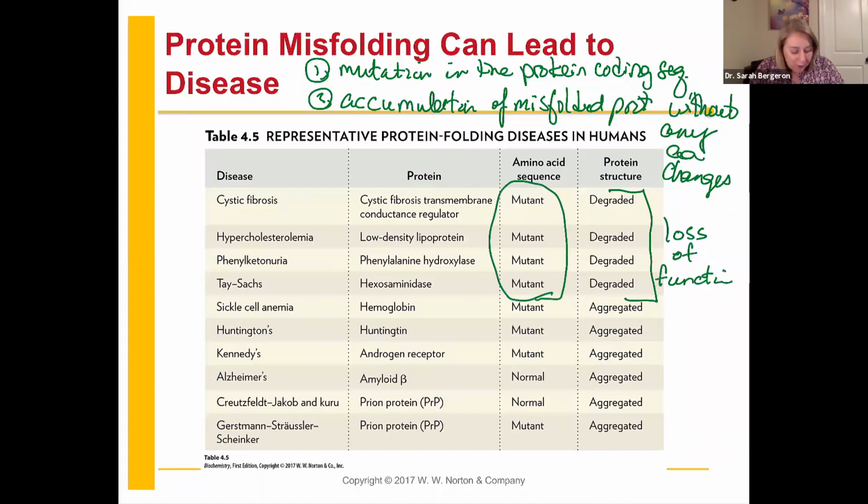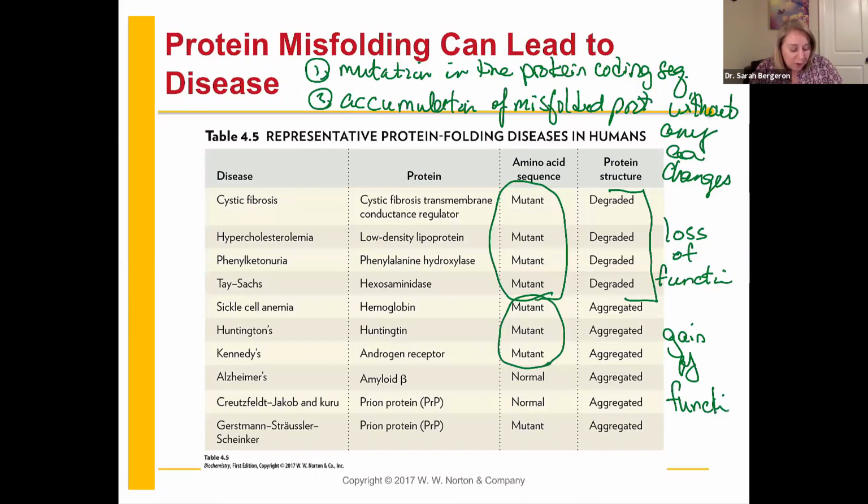You could have a situation where you have a mutant, right? But then the protein does not get degraded, but it builds up. So because it builds up, it aggregates within the cell. And so that can lead to a gain of function.